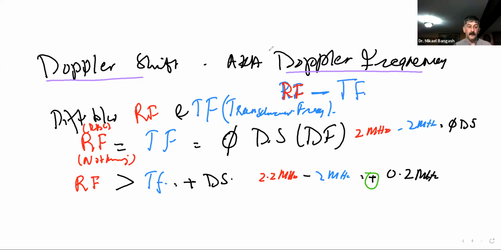Whereas, on the other hand, if the reflected frequency was lesser than the transmitted frequency, that is going to become a negative Doppler shift.